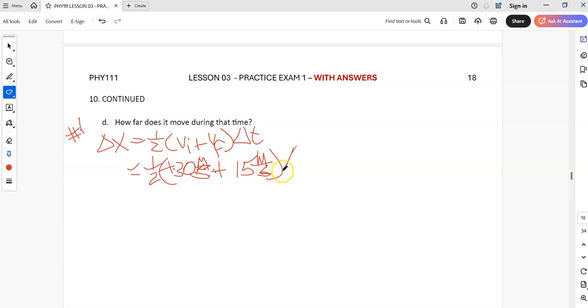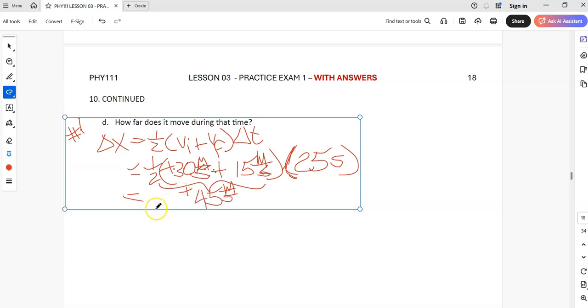And then we multiply that by our time, which we know is 25 seconds. If you want, you can add these two together now and realize that's 45 meters per second, technically positive 45 meters per second.